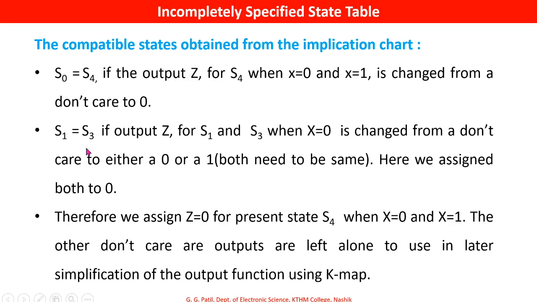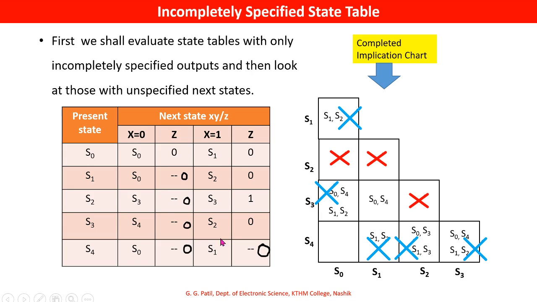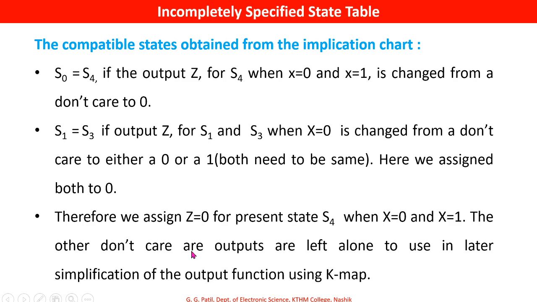The next is S1 is compatible to S3. Output z for S1 and S3 when x equals 0 changes from don't care to either 0 or 1, but both need to be the same. In this case we have assigned 0. In that way it can be compatible.